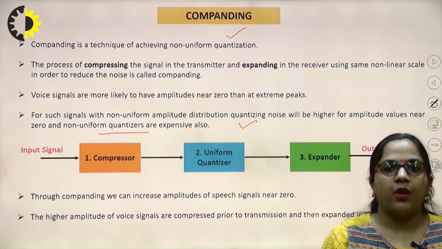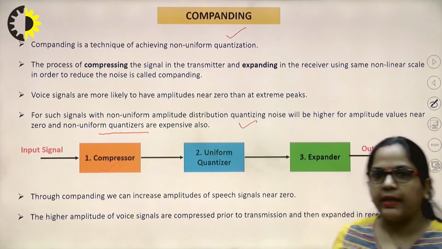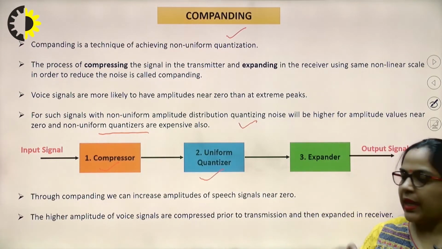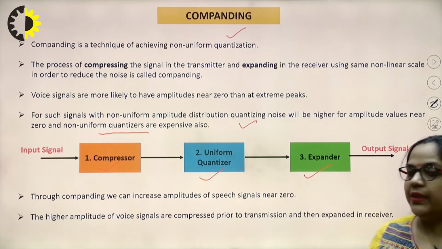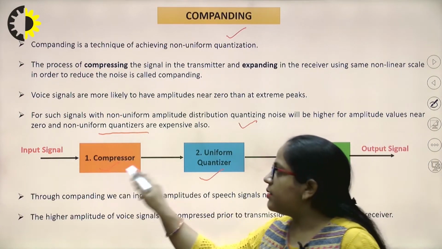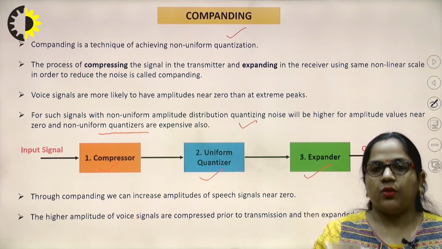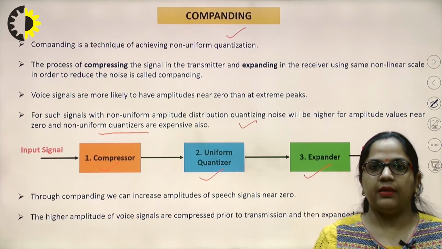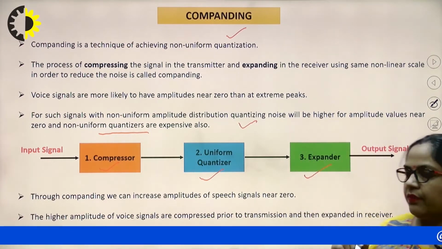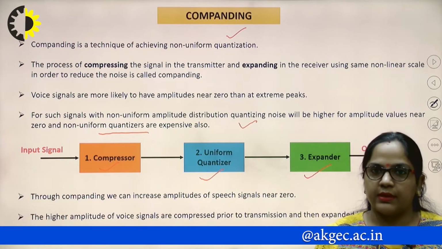What are the blocks of companding? In companding, first we have a compressor at the transmitting side, then the compressed signal is passed through a uniform quantizer, and then the information is expanded with the help of an expander at the receiver side. The compressor will attenuate the signals at higher amplitude values, and the expander will increase the gain of higher amplitude signals.